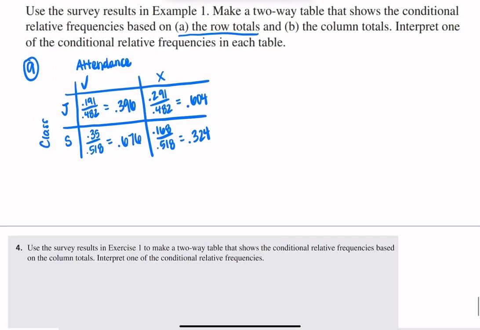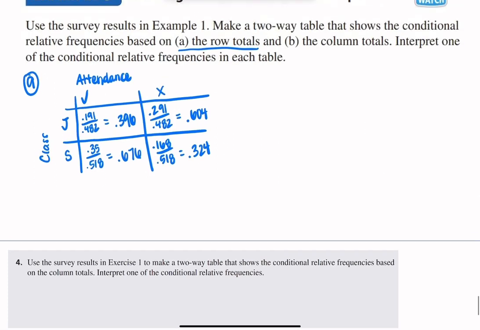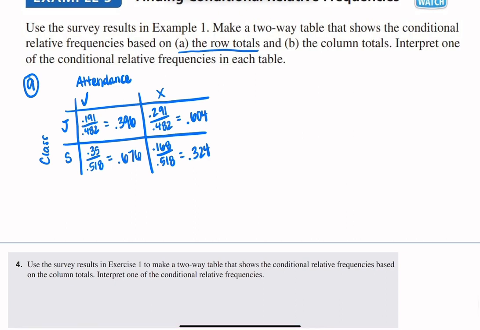Okay, and then we can just interpret one of these conditional relative frequencies. Your book picked 0.604, so we'll do 0.676.